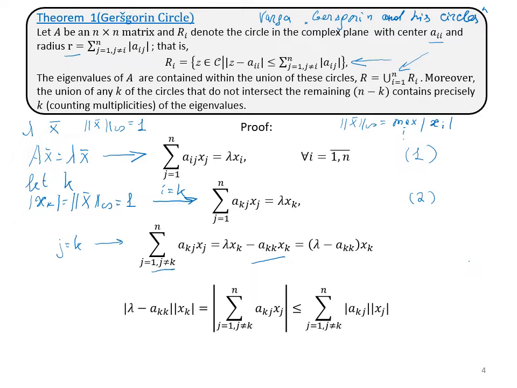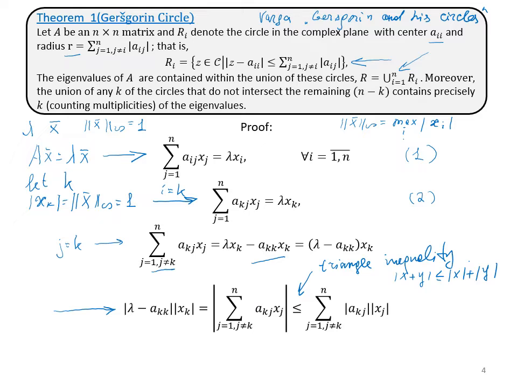Then let's take the absolute value from both sides and apply the triangle inequality. Just to remind you how it looks like. And here we have the sum.